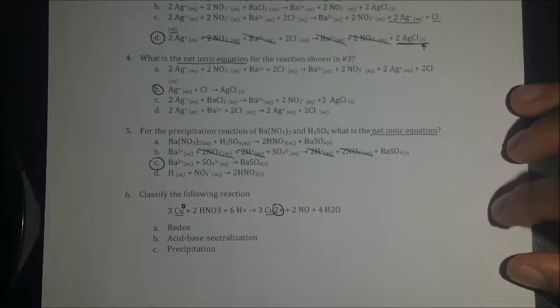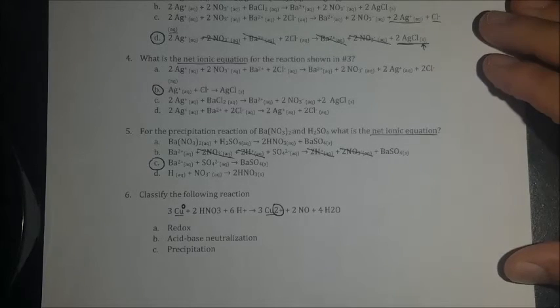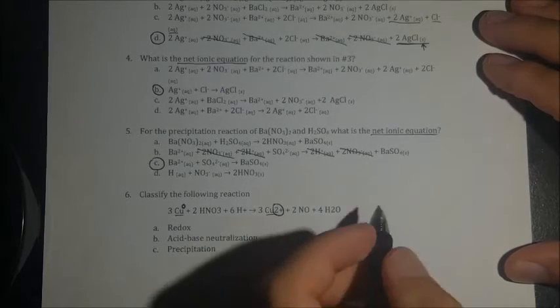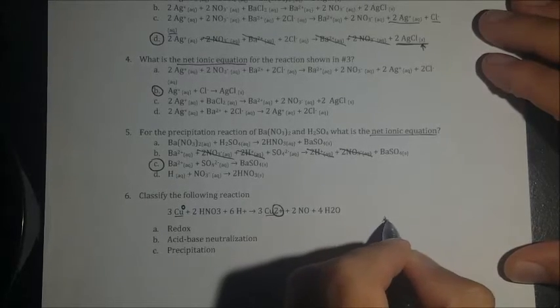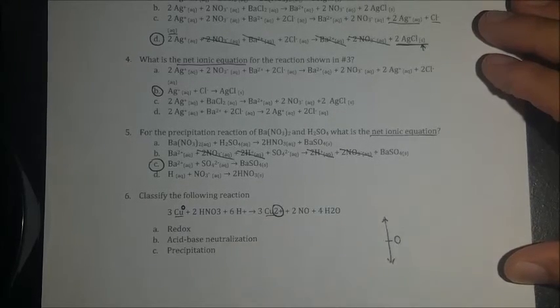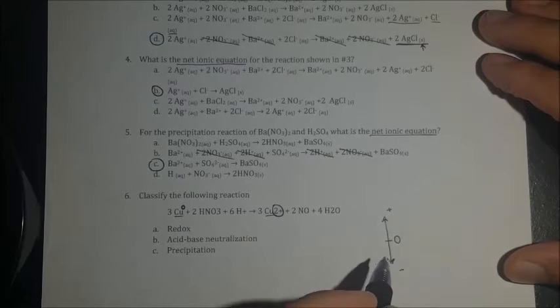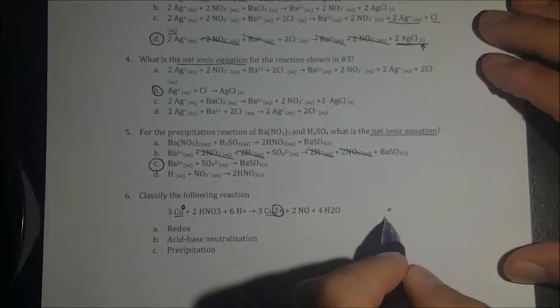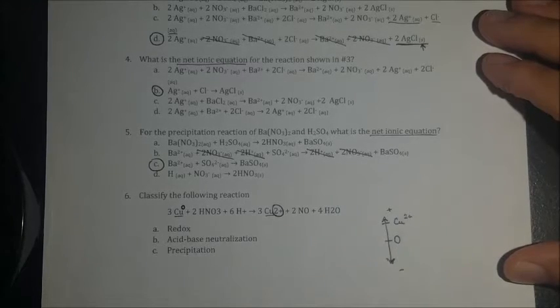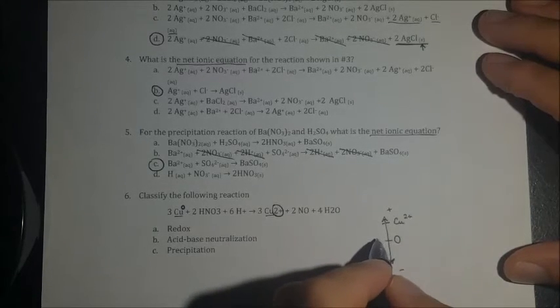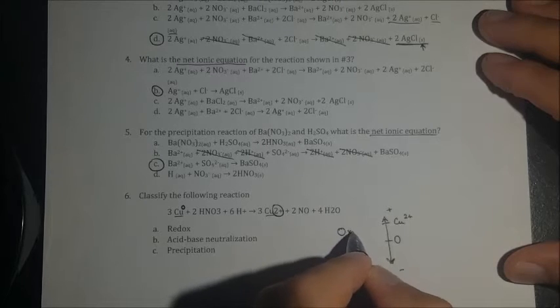And that would mean that we have oxidized the copper. So the way I like to think about it is sort of like a ladder, where here's 0 charge, and say this would be negative and this would be positive. Here my copper started out at 0 and it went up to 2+. So here I have oxidized.